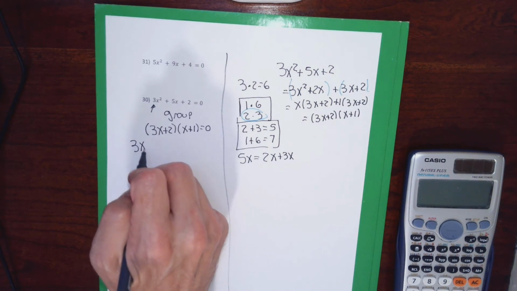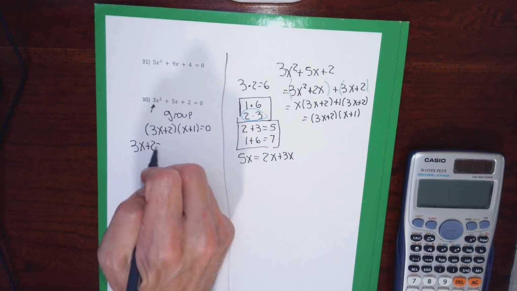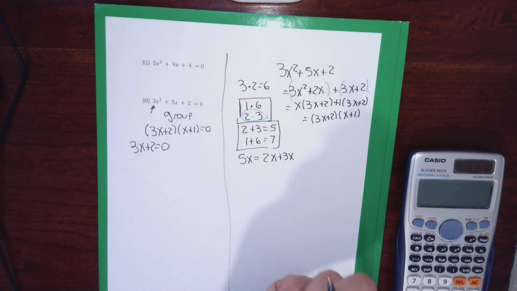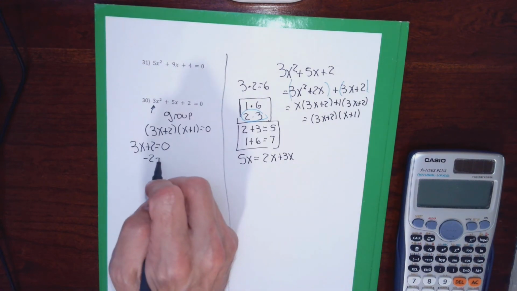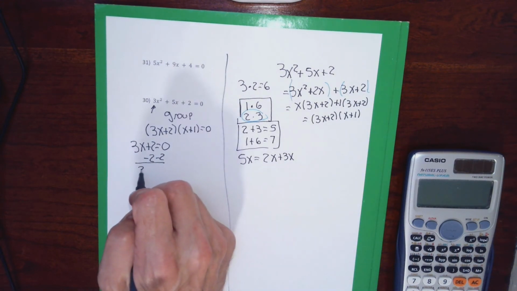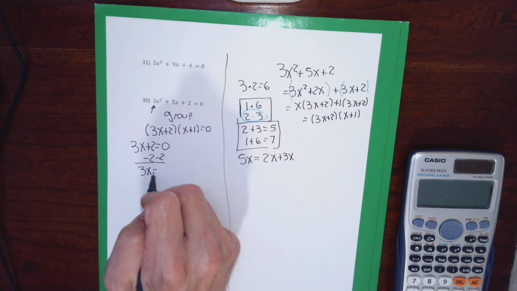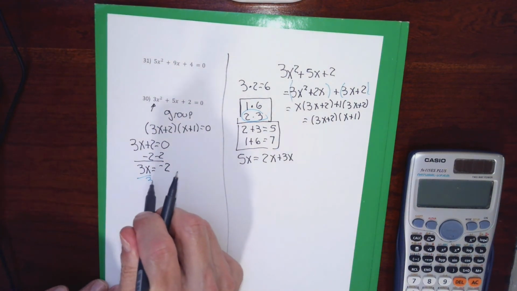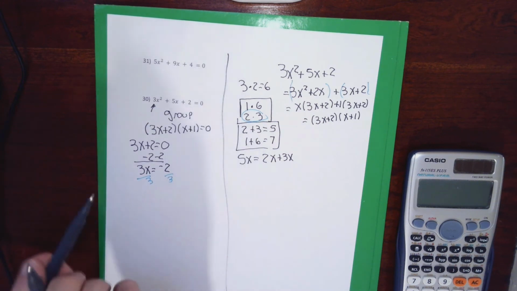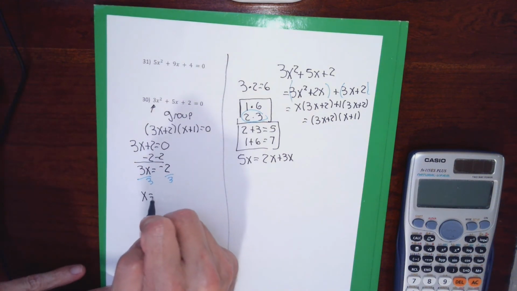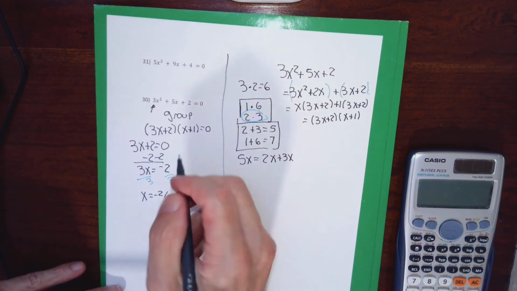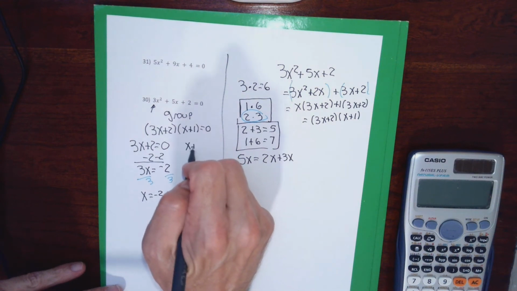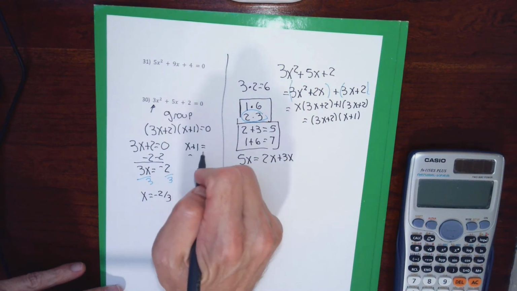So for the factor of 3x plus 2 that gives a solution of negative 2/3, I'd have to minus 2 and divide by 3 to get the number solution that it needs. The x plus 1 factor, I know that that gives an answer of negative 1.